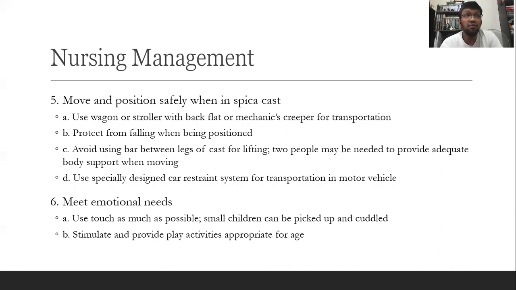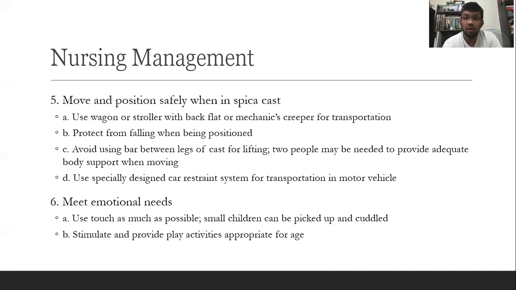And we need to move and position safely when in spica cast. So we're going to use a wagon or a stroller with a flat back or a mechanic's creeper for transportation for the child. So if we are going to bring the child from the room to the living room, just use the stroller. Protect the child as well from falling when being positioned.